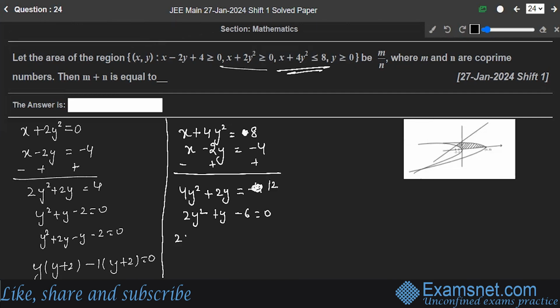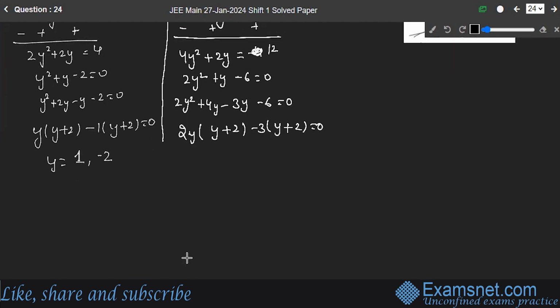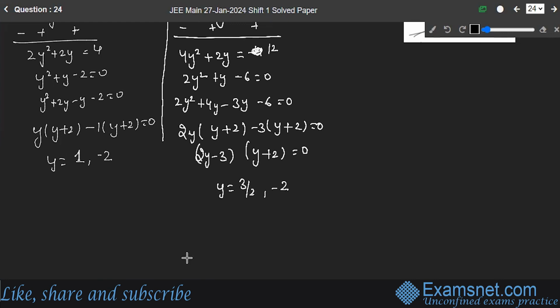Now you have 2y square plus 4y minus 3y minus 6 is equal to 0. Taking 2y common, 2y(y plus 2) minus 3(y plus 2) is equal to 0. So you will have (2y minus 3)(y plus 2) as the factors. That means y can be equal to 3 by 2 or minus 2.